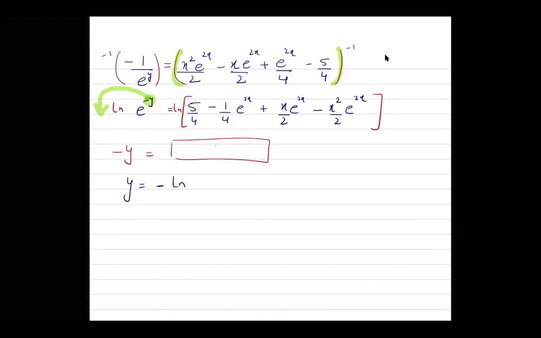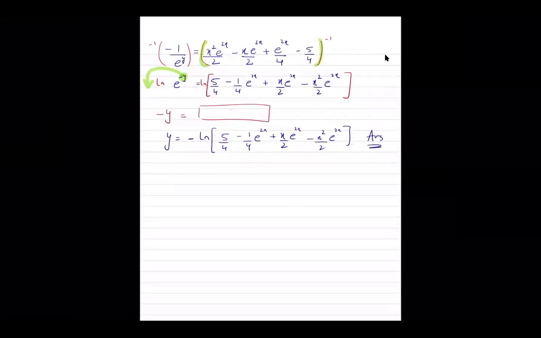So minus ln of 5 upon 4 minus 1 upon 4 e to the power of 2x plus x upon 2 e to the power of 2x minus x squared upon 2 e to the power of 2x. This is your final answer. The working was a little lengthy. This is the final answer that I'm getting.